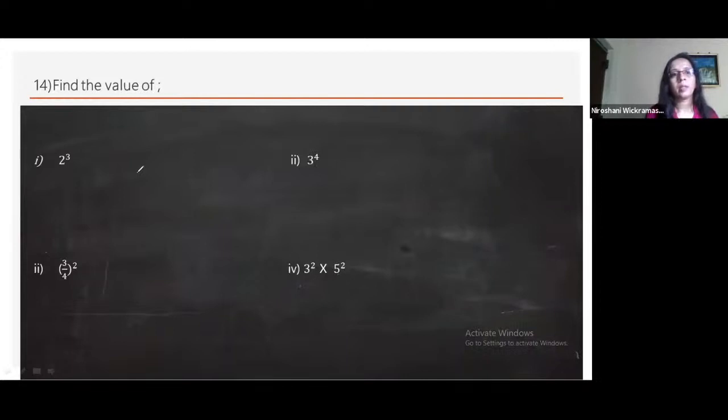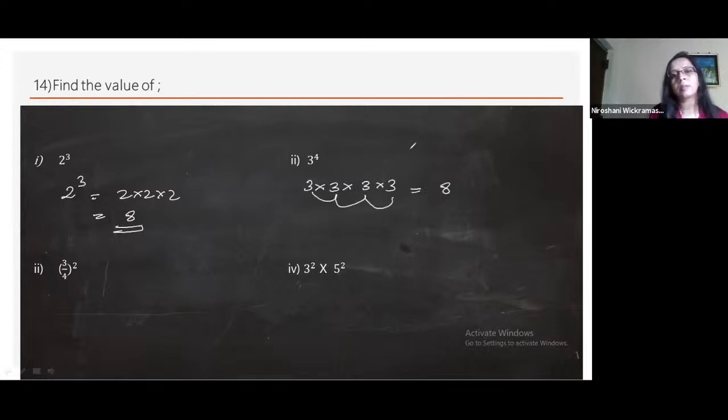Find the value of 2 to the power 3. It means 2 into 2 into 2, 8. This one, 3 to the power 4: 3 into 3 into 3 into 3. 3 times 3, 9 times 3, 27 times 3, 81.